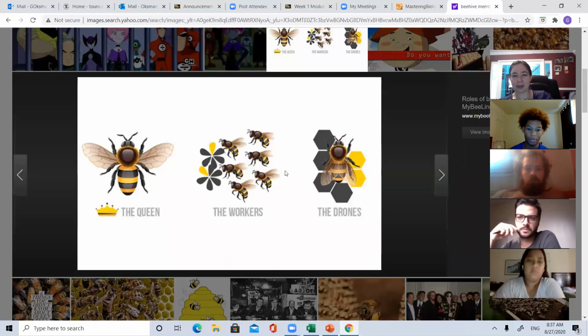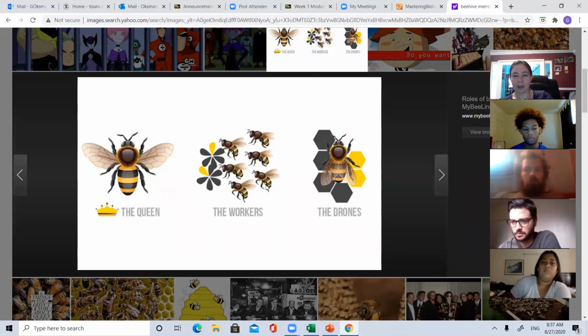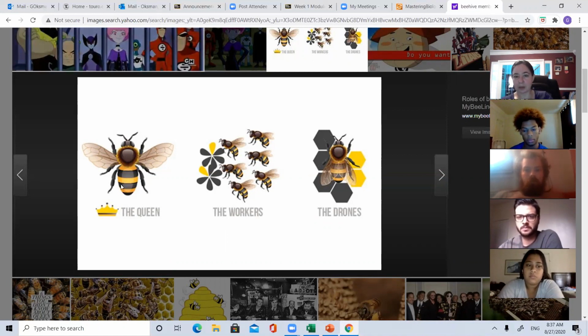These are the workers. They go out collecting pollen to make the honey. They are sterile. They can't lay eggs. It's only for the queen. If you look at ants and termites, it's pretty much the same. But these are bees.